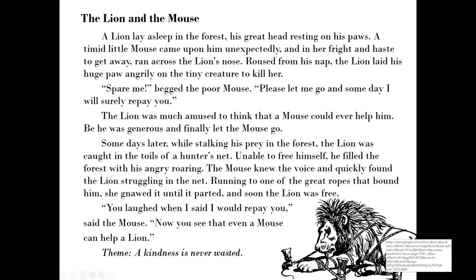Because of the lion's generous act, his kindness towards the mouse, it was repaid. So there we have it. There are two morals in this story. There's the moral of not taking the size for granted, because he assumed that with his size, the mouse wouldn't be able to help him. But then also, a kindness is never wasted.